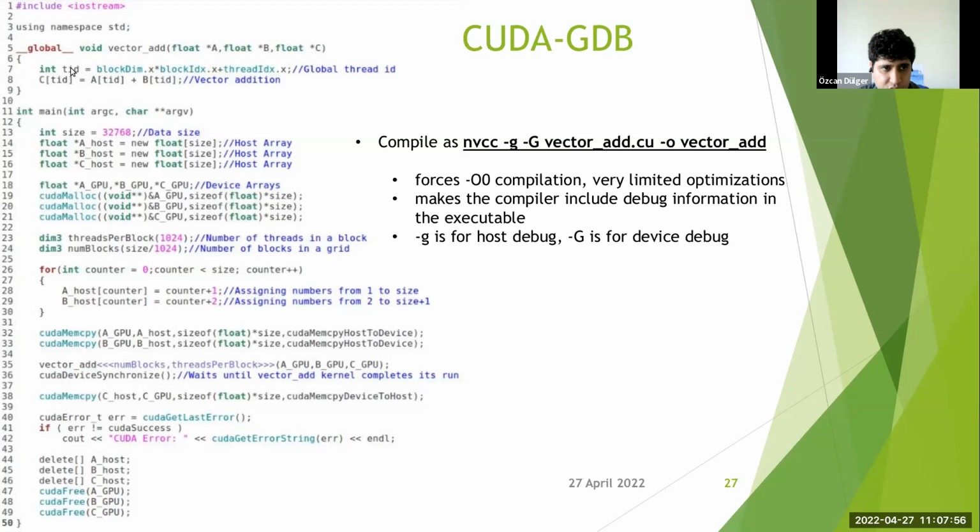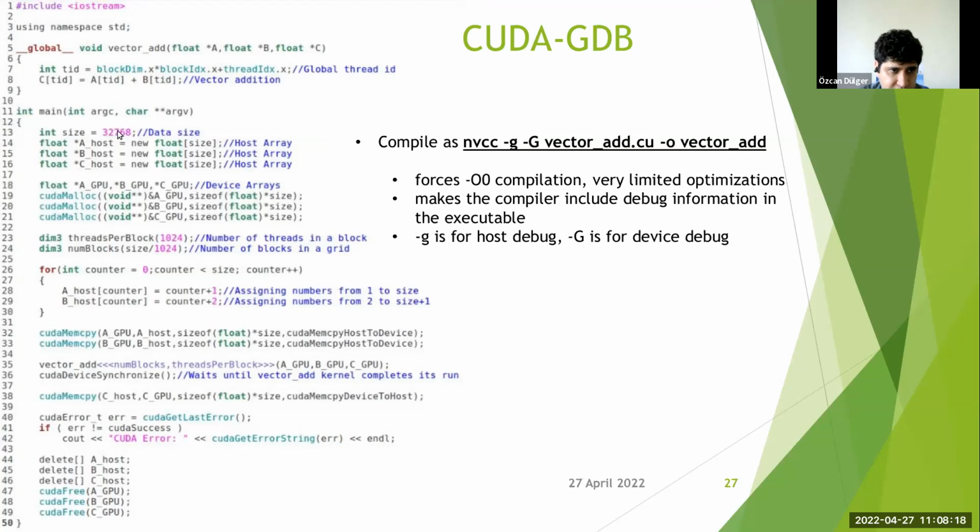This is the global thread ID, and each thread tries to access by using its global ID, so the operations are coalesced, and addition is performed. Here is the size of the arrays.